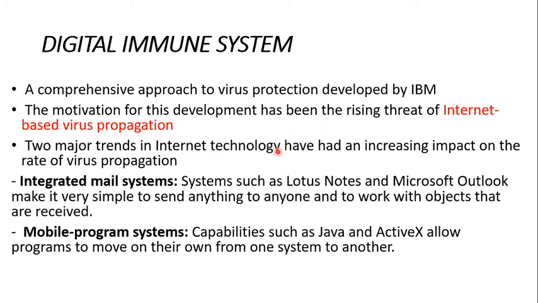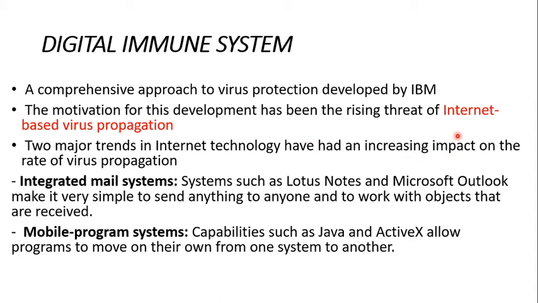There are plenty of ways where networking happens. From that, they were able to identify 2 major problems with respect to the mail system and the mobile system. Because of these, they put it under internet based virus propagation.